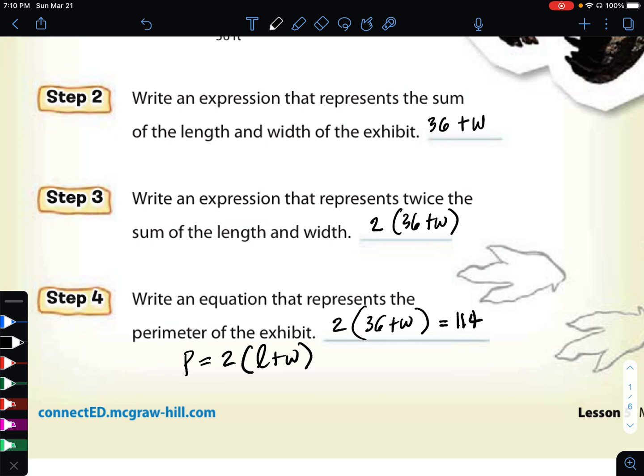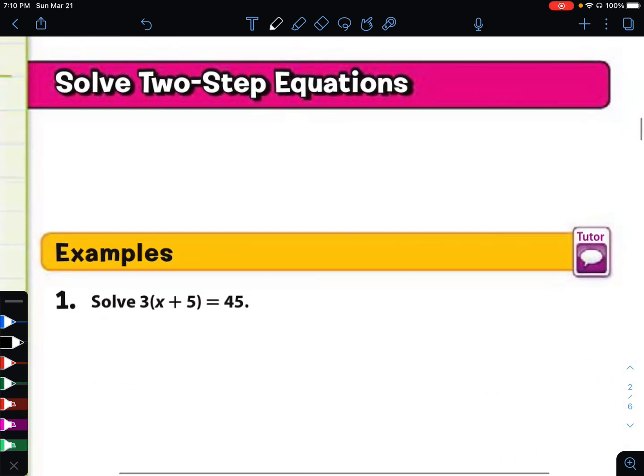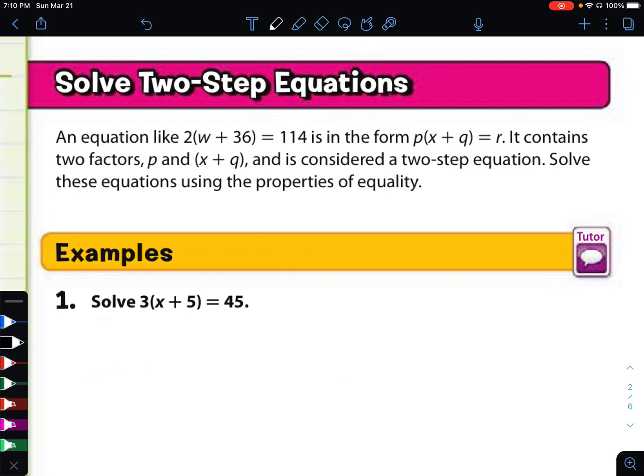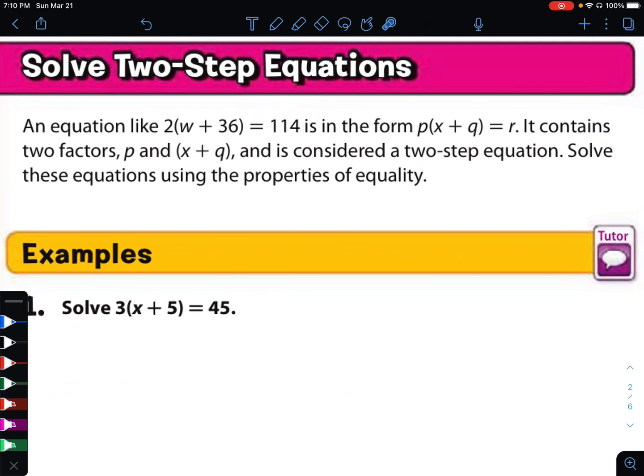Okay, let's take a look at the next concept that we are discussing about two-step equations. An equation like what we just did, 2 times (W plus 36) equals 114, is in the form of P times the quantity (X plus Q) equals R. It contains two factors, P and X plus Q. Remember what factors are: two numbers that you multiply together.